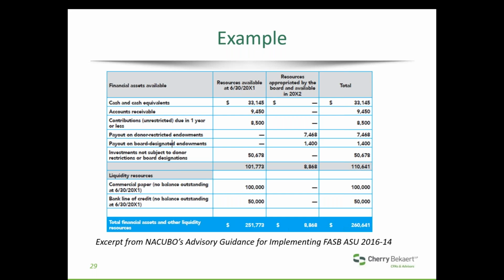So it starts with cash above and includes accounts receivable and contributions due in 1 year or less, like I mentioned on the previous example, payout of donor-restricted endowments, payout on board-designated endowments, investments not subject to donor restrictions or board designations, and those are your financial assets.